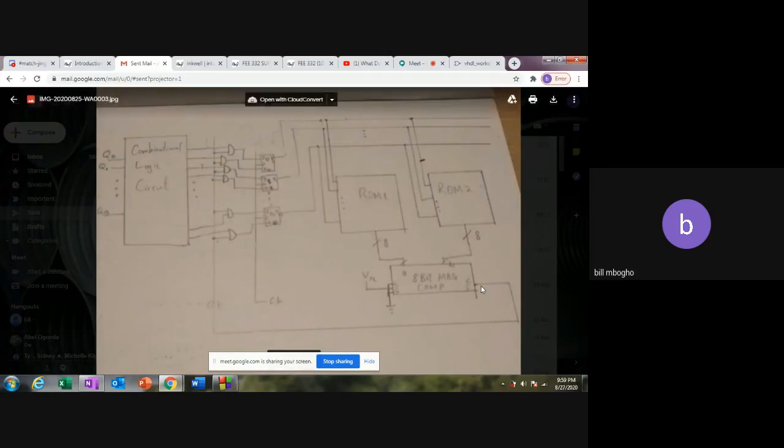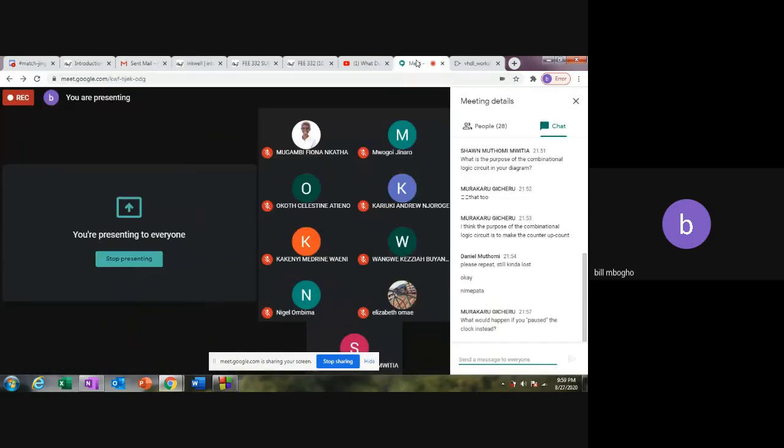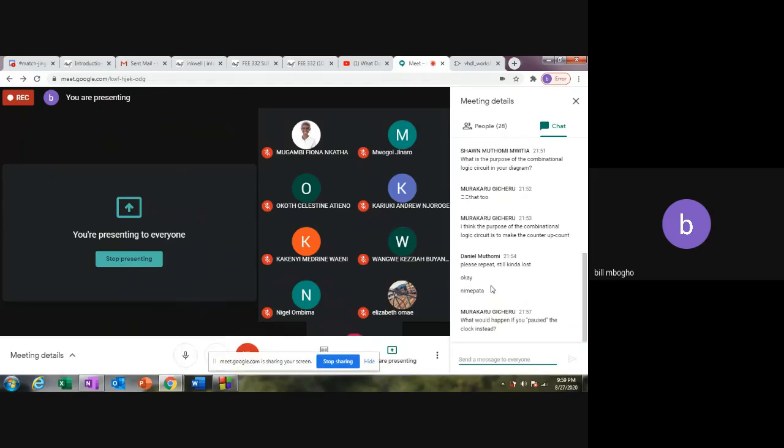That clock is only going to work when we have a different memory location. So when we have a different memory location, we increment the count, and it keeps going. Makes sense, guys? Please ask questions.